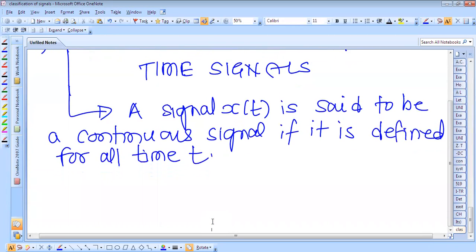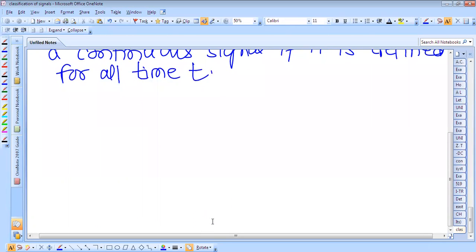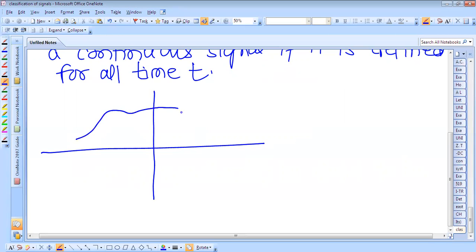It is defined for all time t. So this is the function x of t which is defined for all time t.